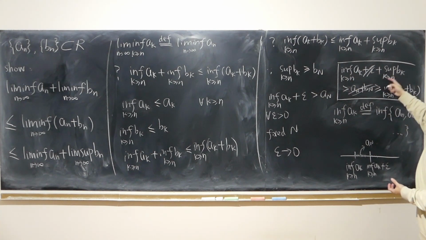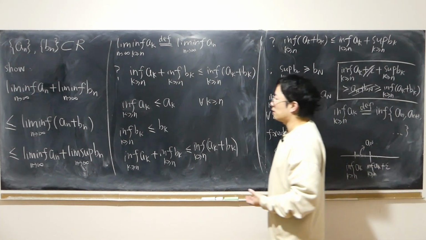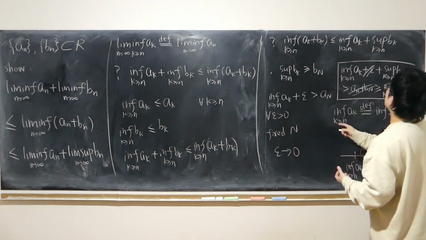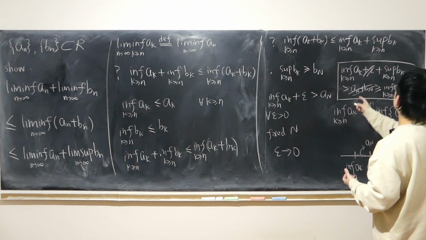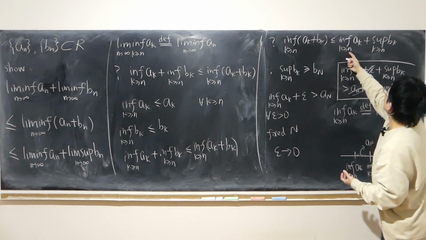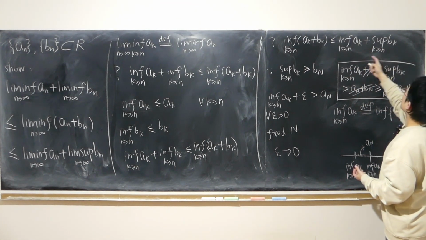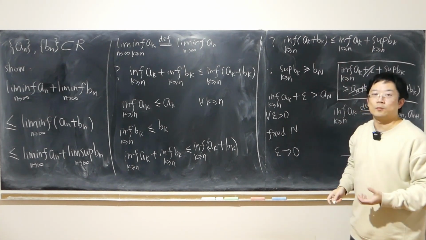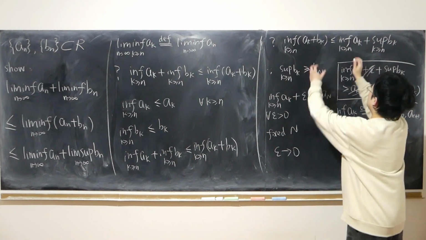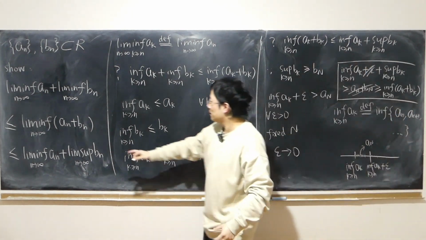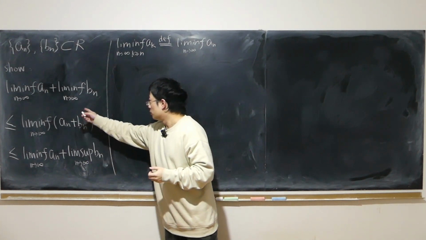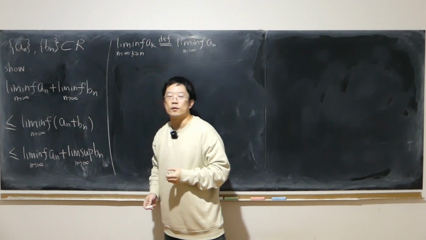The infimum of ak plus the supremum of bk is bigger than or equal to the infimum of ak plus bk. I'm done. Then we take the limit on both sides. So far I've done proving both the left-hand side and right-hand side of the inequality.